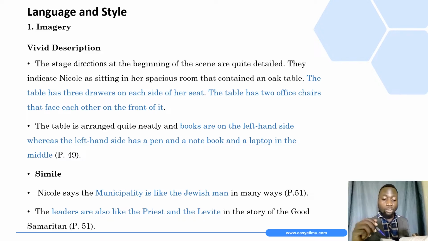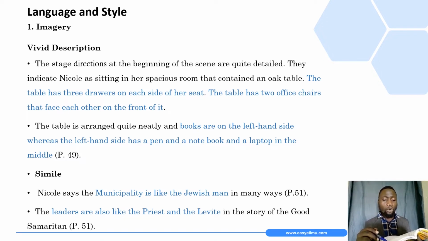Now here is where the vivid description comes in. A spacious room with an oak table that has 3 drawers on each side of her seat. In front of the table are 2 office chairs placed facing each other.